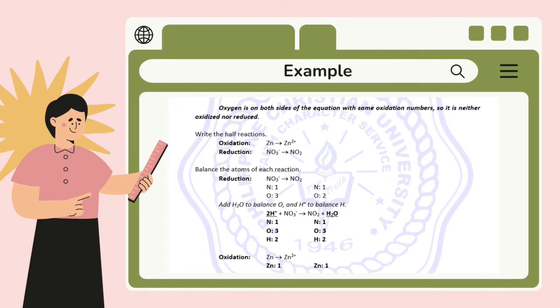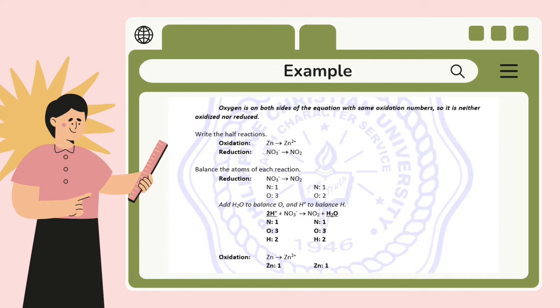Right after that, we're gonna be writing the half reactions that we got earlier. For the oxidation, we have Zn produces Zn²⁺. For the reduction, we have NO3⁻ produces NO2. Right after that, balance the atoms of each reaction. So this is the unbalanced number of atoms. For the nitrogen, on the left side we have 1, and on the right side we have 1.